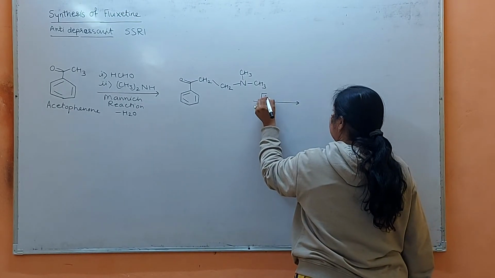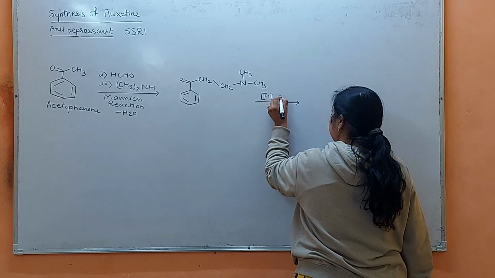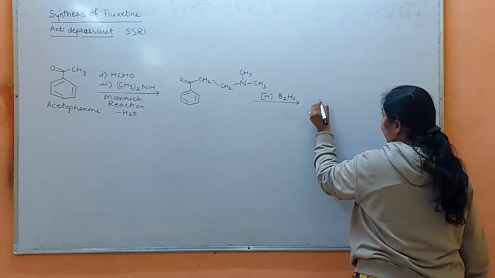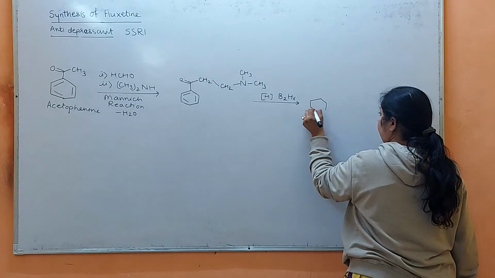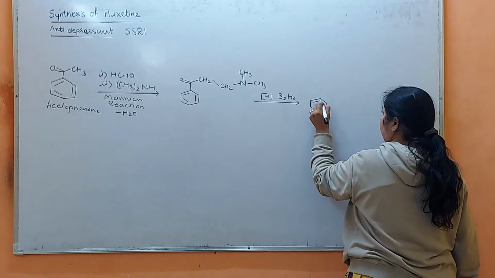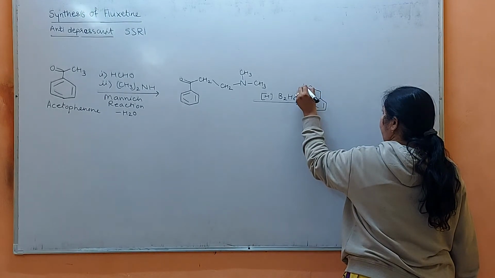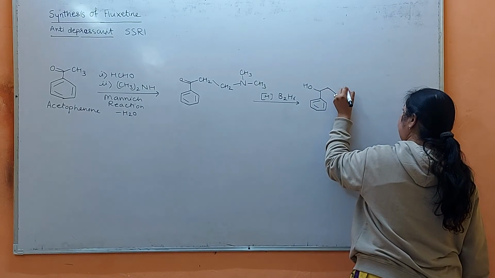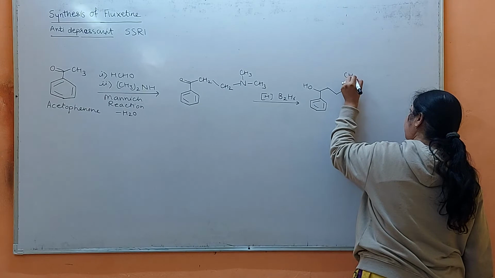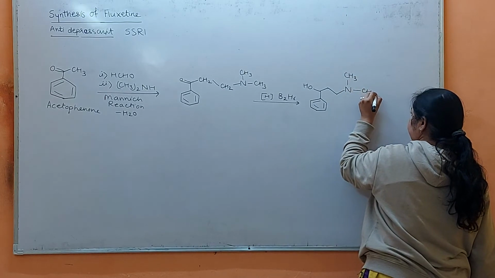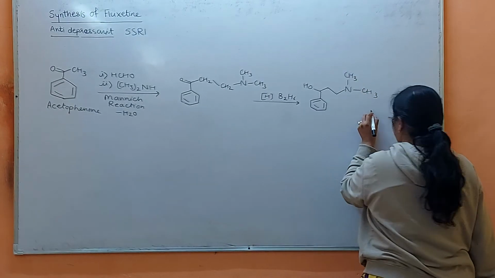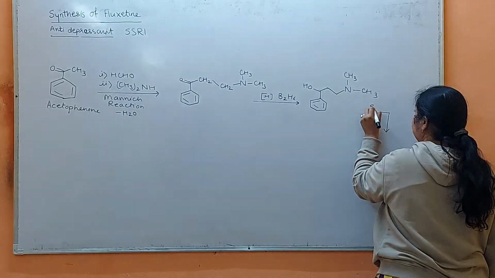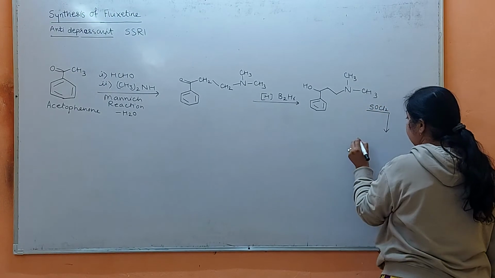So we will take diborane. Then this OH we have to replace by Cl, so we will use thionyl chloride.